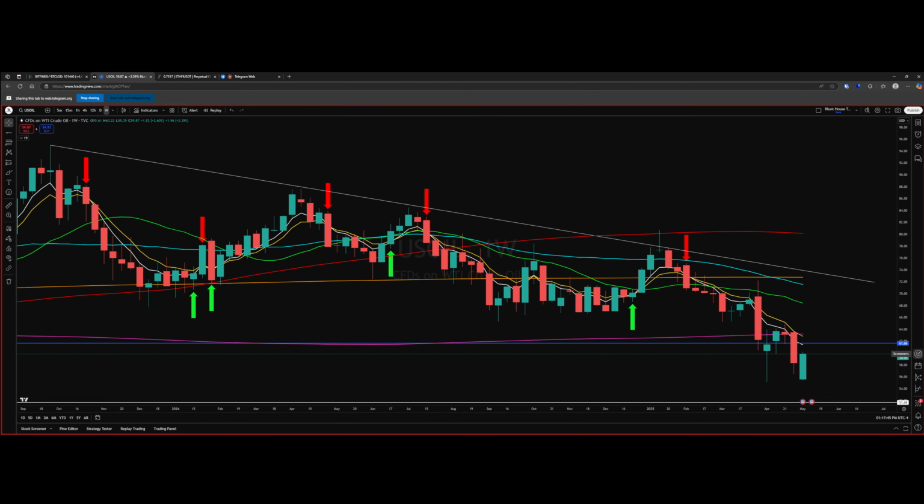The only thing that we can do is increase the probability that we may have a better idea than the rest of the market. Right now, this candle is a green candle that was unable to bring itself back to a respectable level. And that respectable level is that 61.66 area.